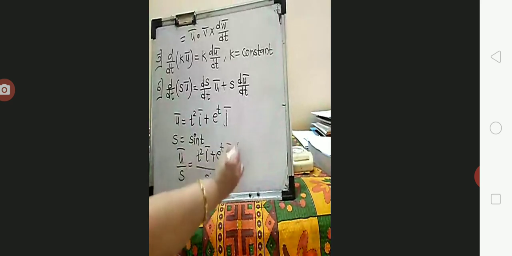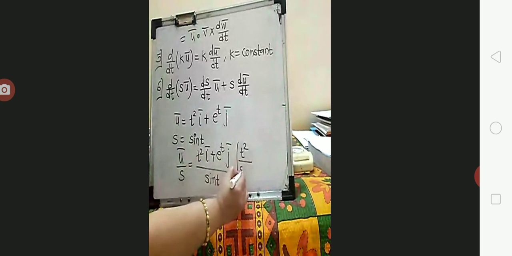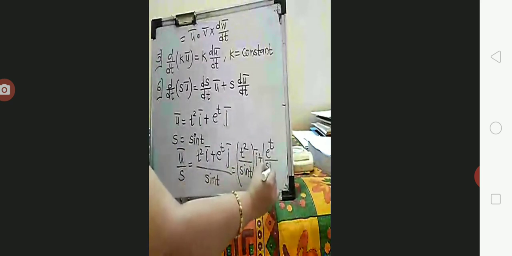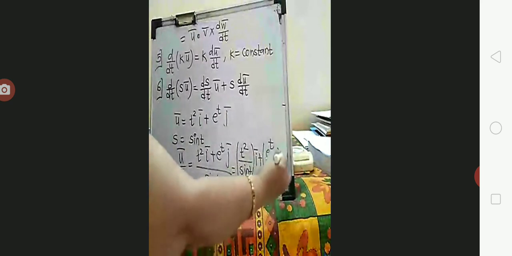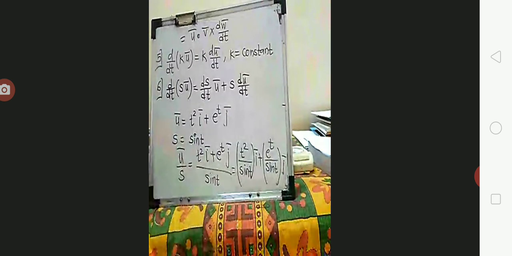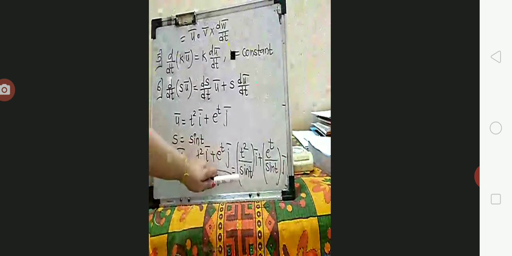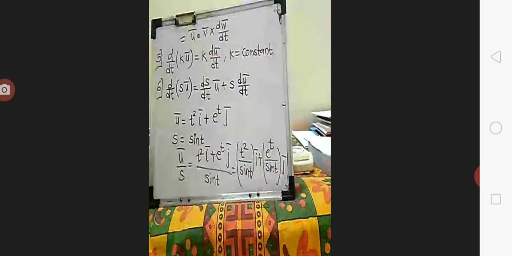So you can write it as t square upon sin t times i bar plus e raised to t upon sin t times k bar. Correct. So here I have to use the quotient rule because it's a function of t. When you take a derivative with respect to t, I have to use the quotient rule. Same quotient rule you will apply here directly.